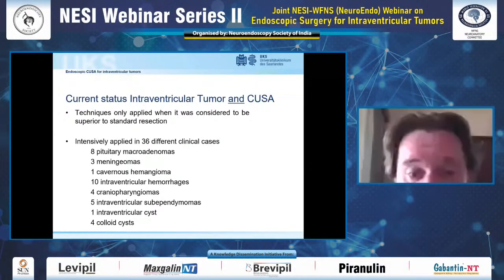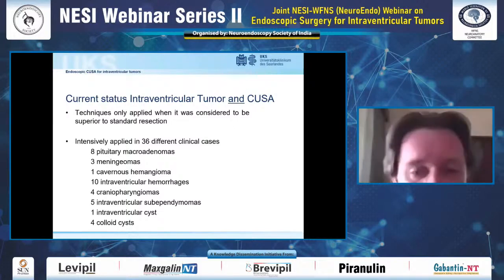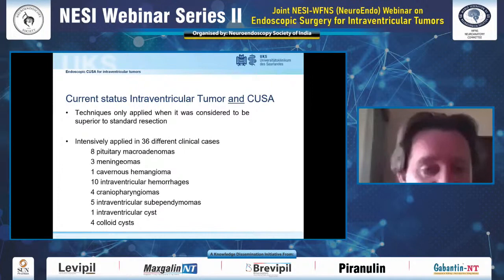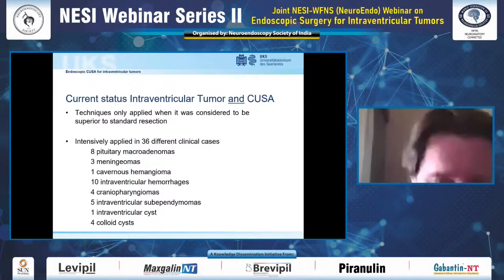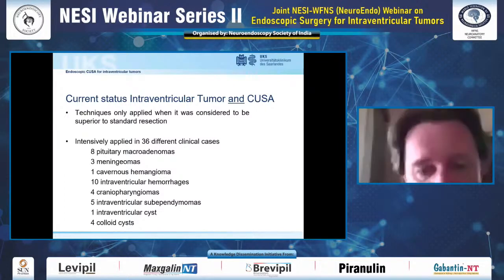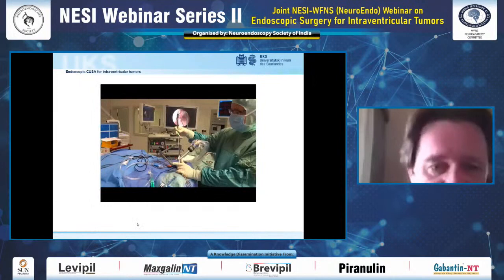So I think it's a very good indication. 4 subependymomas, which also, in my opinion, is a very good indication, and 1 cyst and 4 colloid cysts, which I think is also a very good indication. So everything which is rather non-vascularized and in the ventricular system with a large size is a good indication. So this is how we use it.